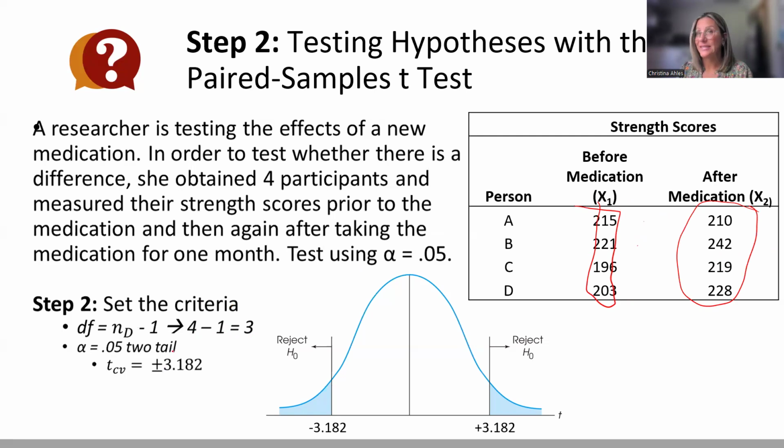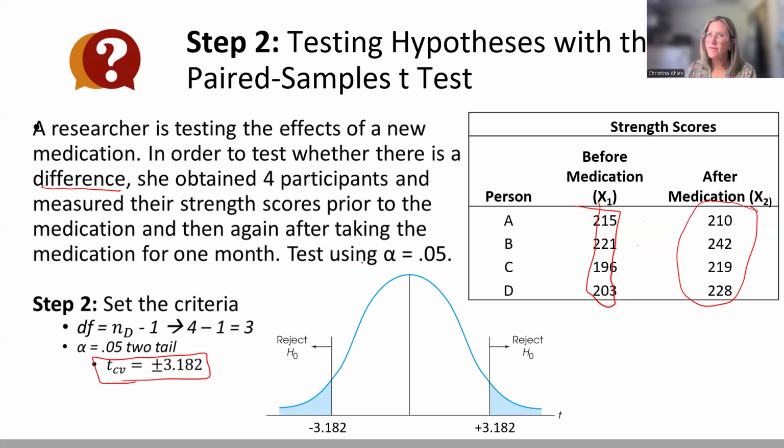If we look up in that T distribution table, remember we're using the T distribution table, we look up 0.05 because she said we're only looking for a difference. There isn't a direction. So that's a two-tail test. We're not looking for an increase or a decrease. We're just saying a difference. So our critical value is positive and negative 3.182.